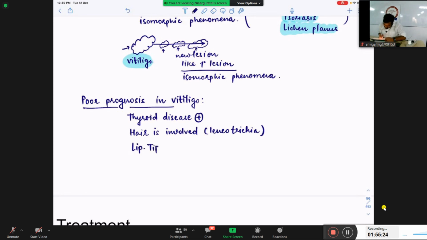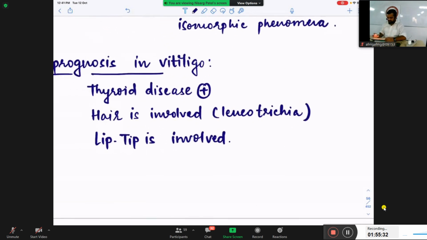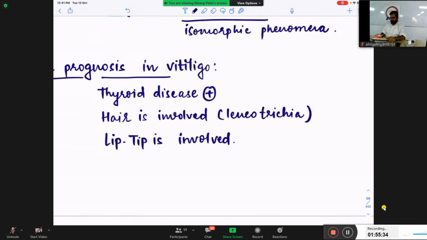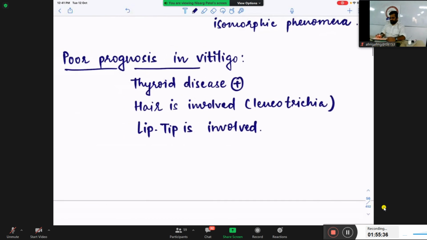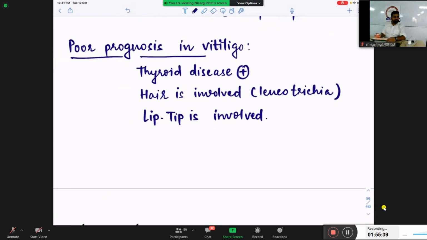If the lip tip is involved, if lip area or lip borders are involved, then it will be very difficult to control this disease.